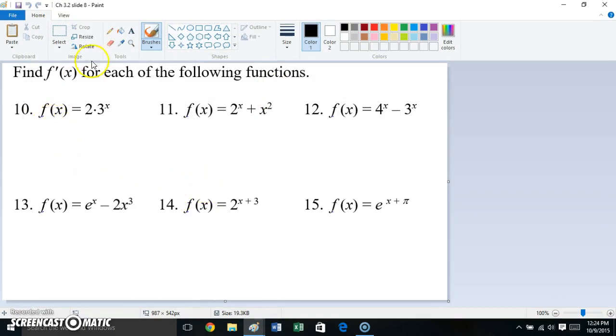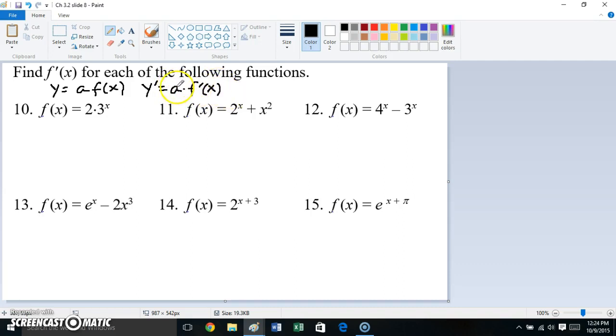Okay, number 10. F of x is equal to 2 times 3 to the x power. Remember, if y equals a times f of x, its derivative, y prime, is a times f prime of x.